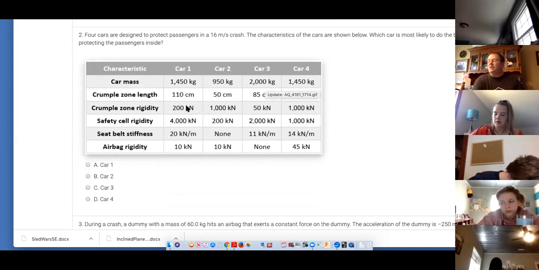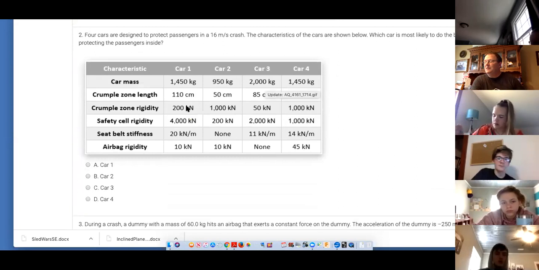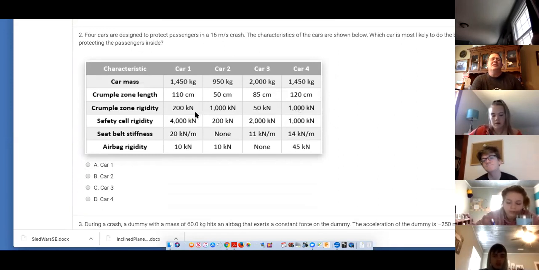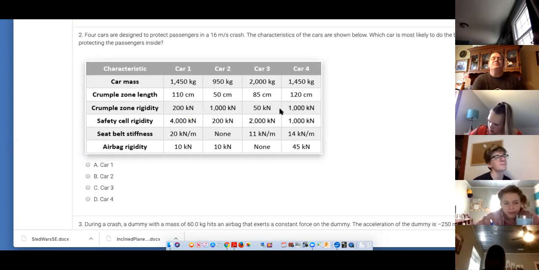All right, so let's look at crumble zone rigidity. Much more rigid, isn't it? Car 4 than car 1. Car 1 doesn't have that high a rigidity. So safety cell rigidity.